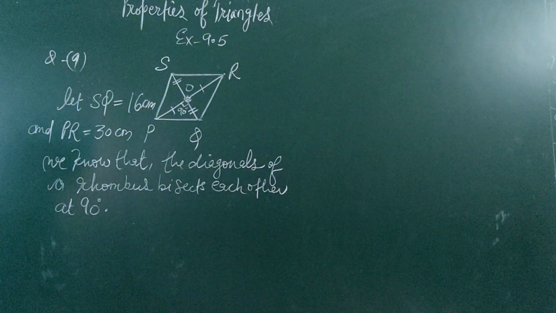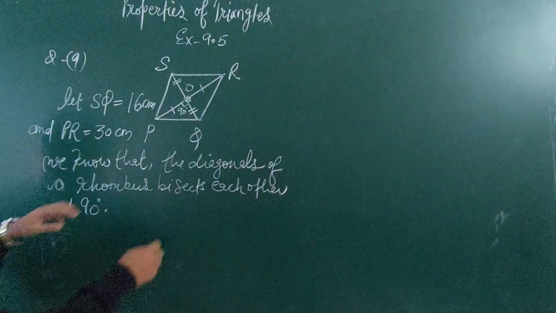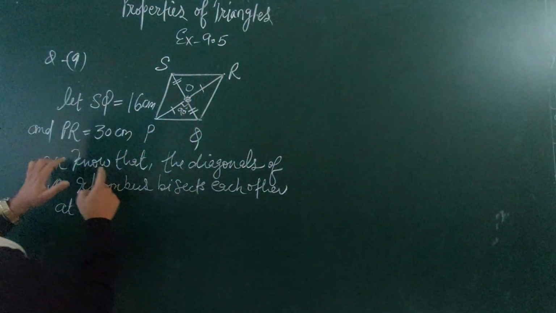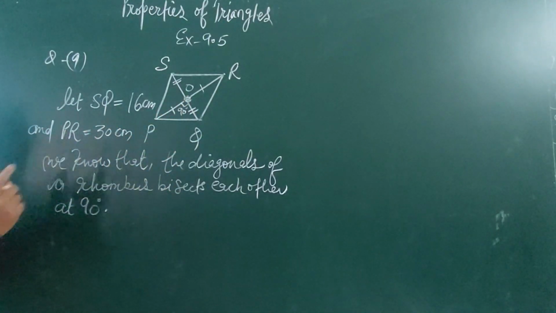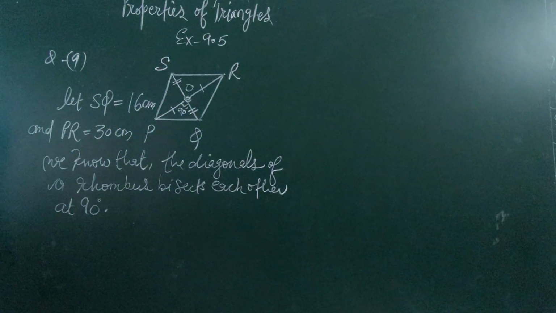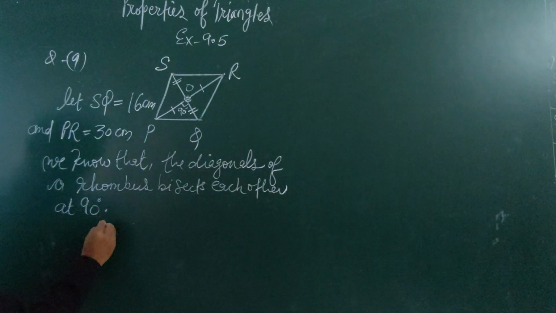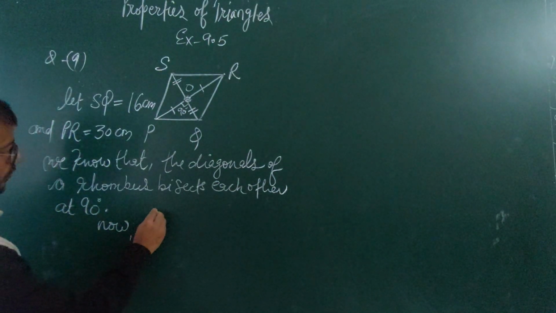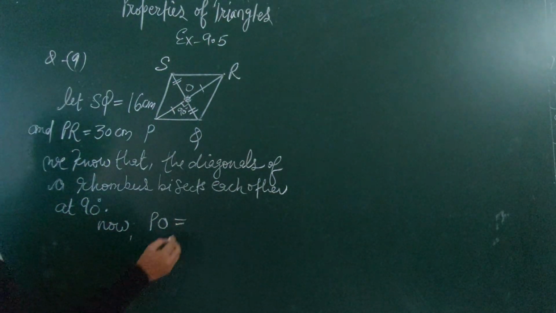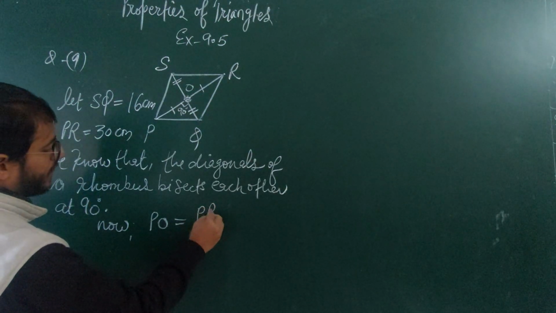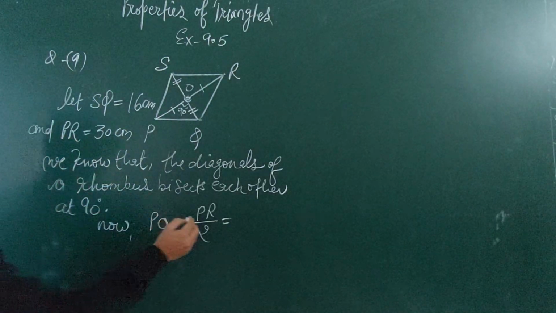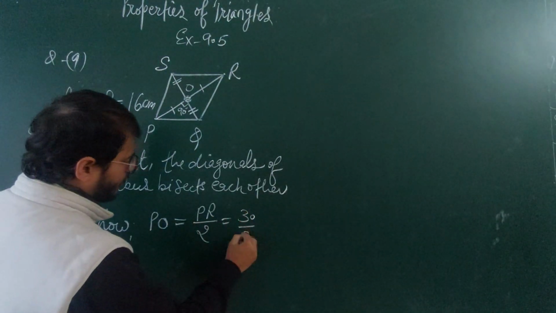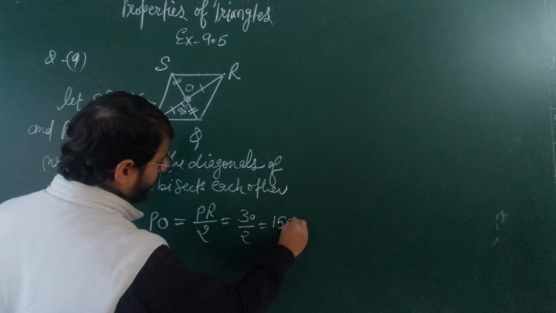Got it? It means if PR is 30, then PO will be half of 30. We need to calculate the length of PO. PO will be equal to PR upon 2, and PR is equal to 30. 30 upon 2, 15 centimeter.